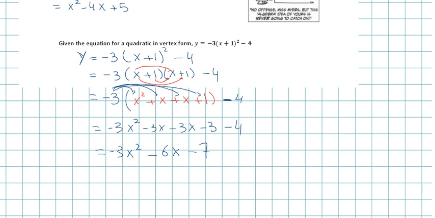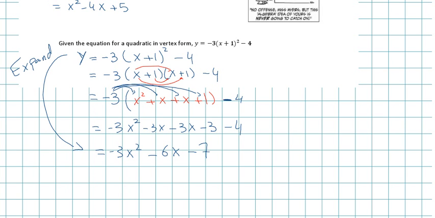Can you guys tell me what your vertex is? I can get the vertex from the vertex form. What is it? -1, -4. What's your y-intercept? -7.